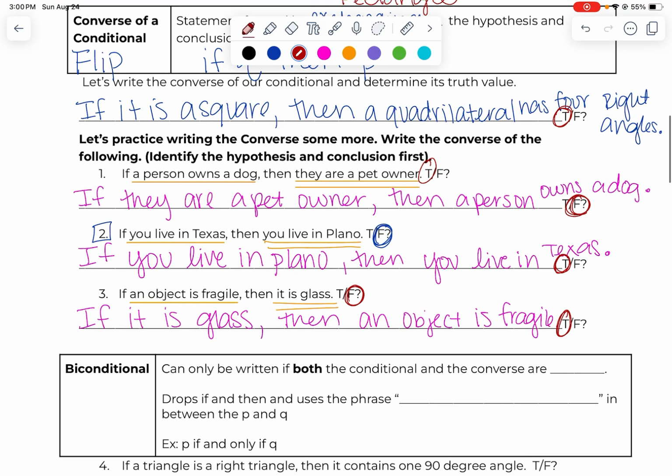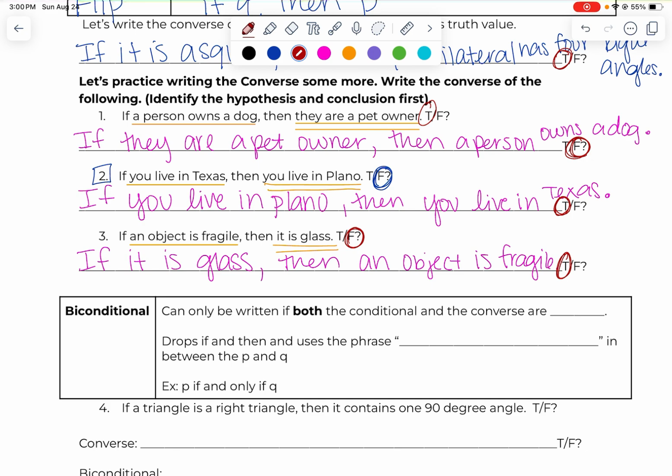Now we're going to move on to biconditional. Biconditional is special because it can only be written if both the conditional and the converse are true. Okay, both of those statements have to be true. We are going to drop the if and then, and we are going to use the phrase if and only if.